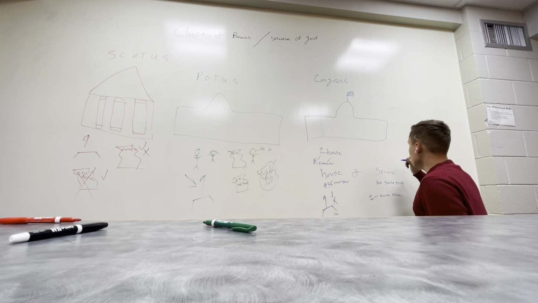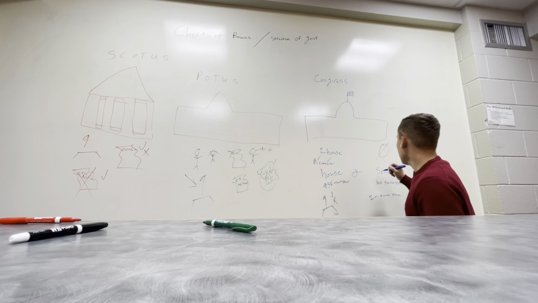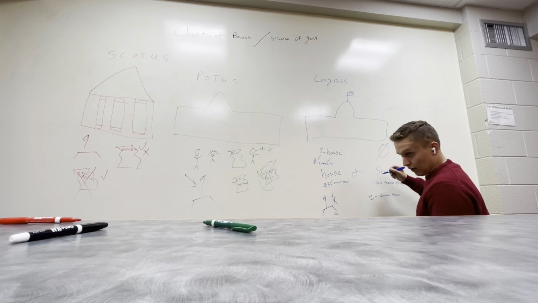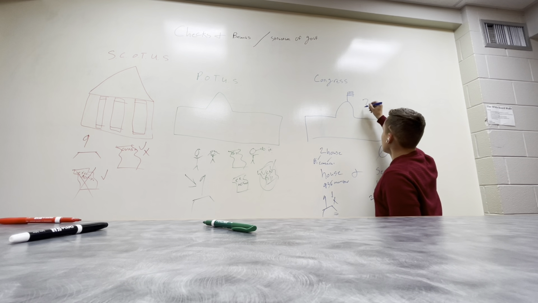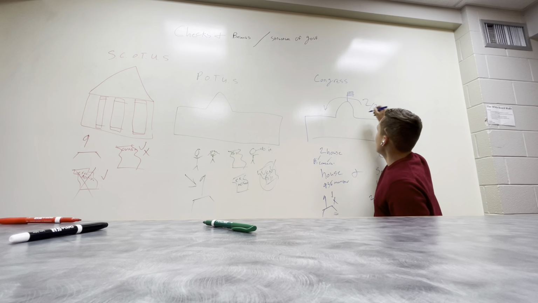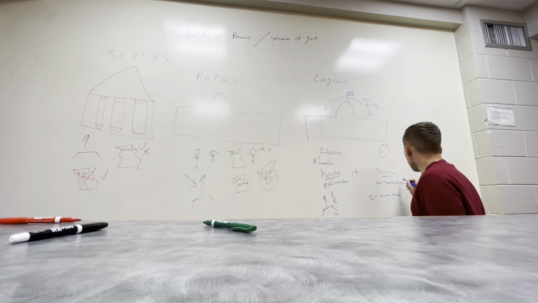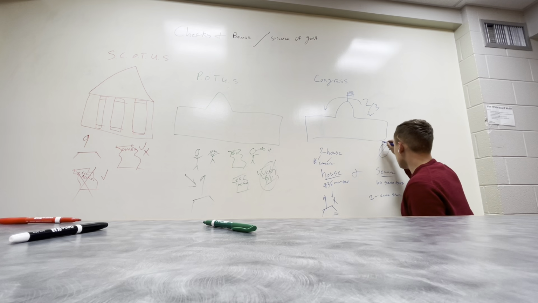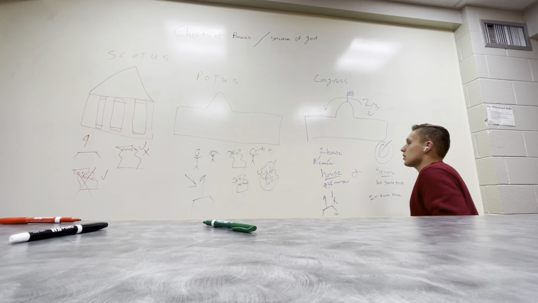They can also, when the president vetoes a bill, override the veto if they have a 2/3 majority of both the House and the Senate. They can override the veto, and the bill's going to go through anyway.